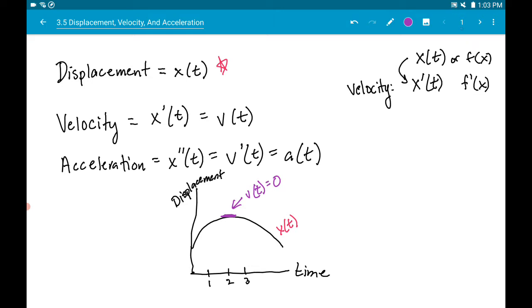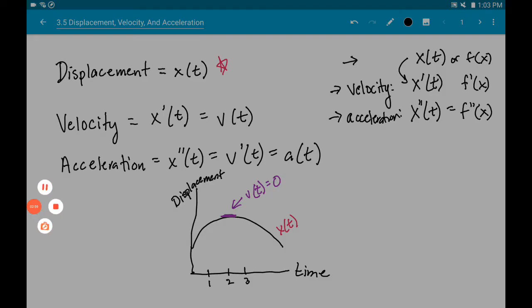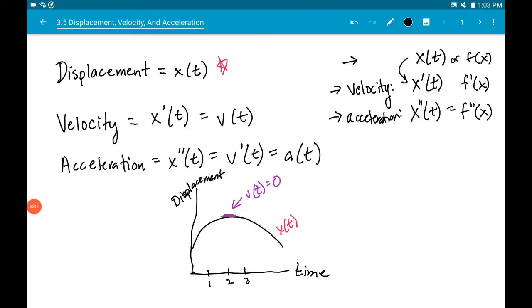If you take the second derivative, which we could write with 2 primes, the idea is the second derivative is actually acceleration. This relationship between the original, the first derivative and the second derivative has some interesting connections with motion and physics.